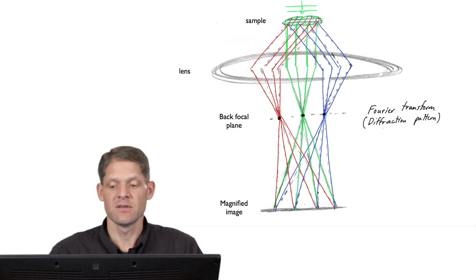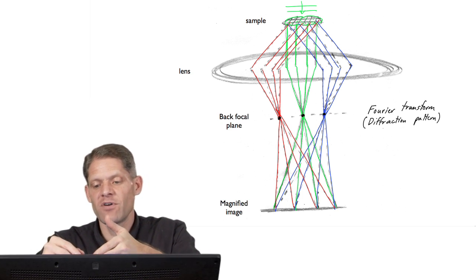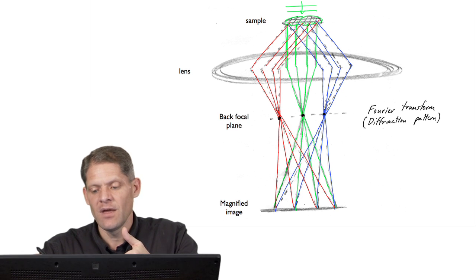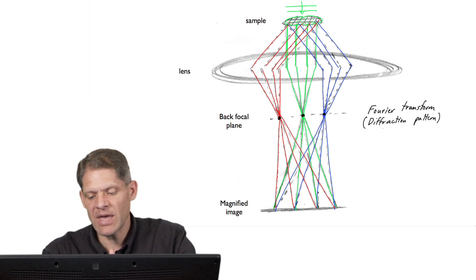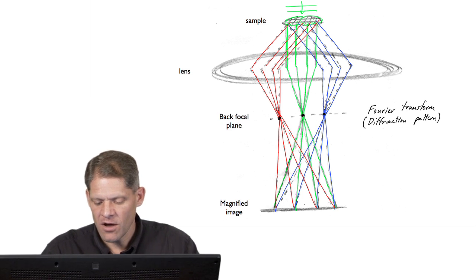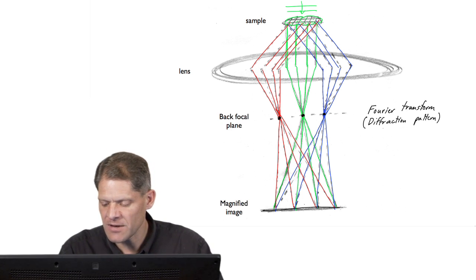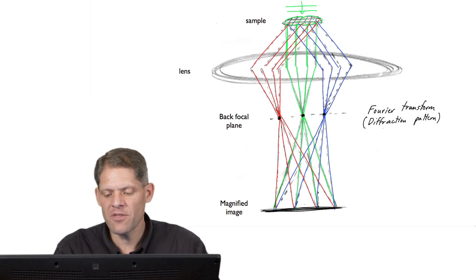Now, because this diffraction pattern was formed by the action of a lens focusing divergent scattering, if that scattering is allowed to continue propagating through the back focal plane, each of these rays will spread out again across the image plane and will end up interfering with all the other rays that are present here.